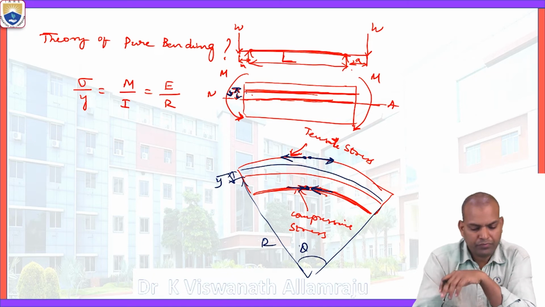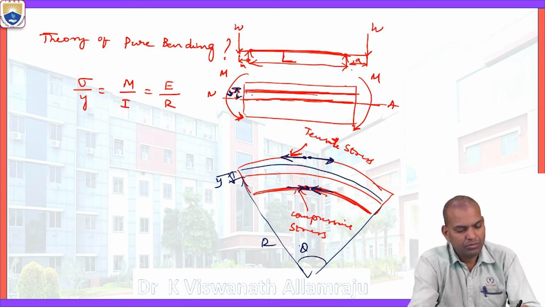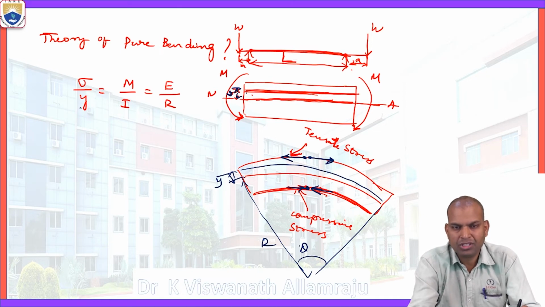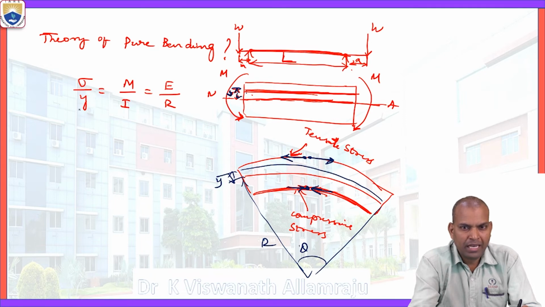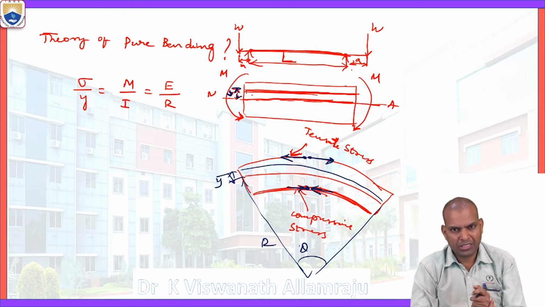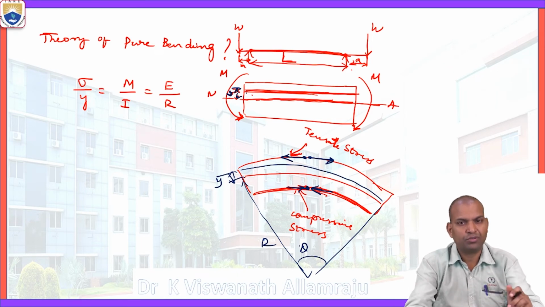Now we will equate using Hooke's law, because it acts within the elastic limit. The concept of pure bending is that it acts within the elastic limit. Beyond the elastic limit, what will happen? Immediately permanent deformation takes place. That is not a design zone.